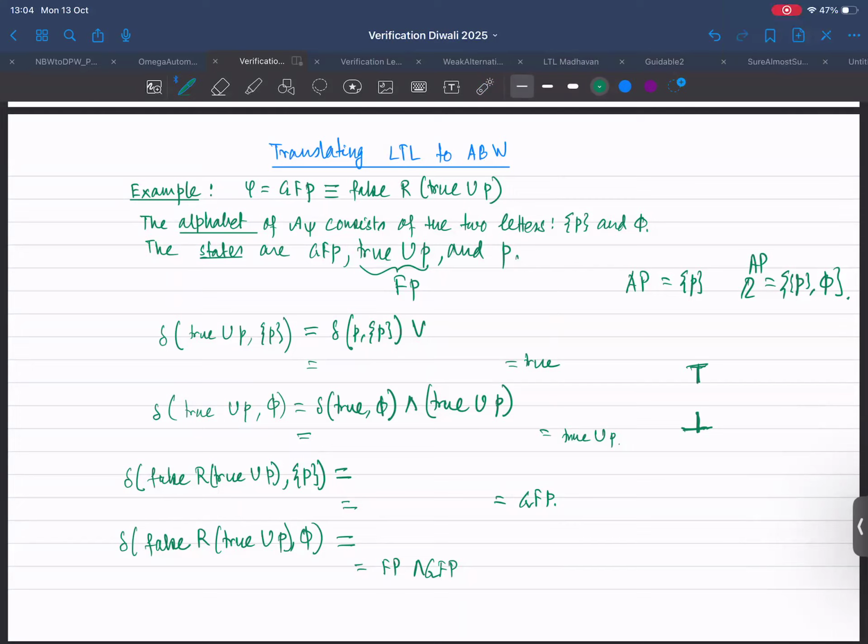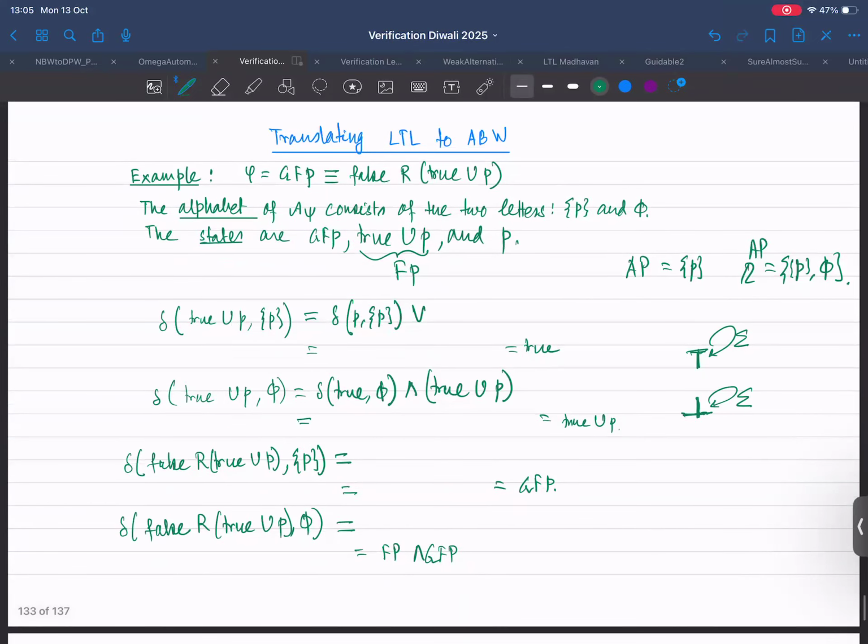So whenever you are in true, it's like a self loop for the entire sigma, and false also is a self loop with the entire sigma. So we don't construct the states explicitly, but they are implicitly there.